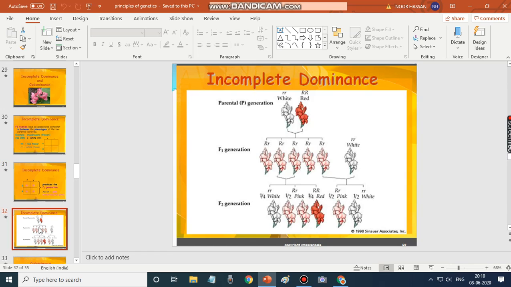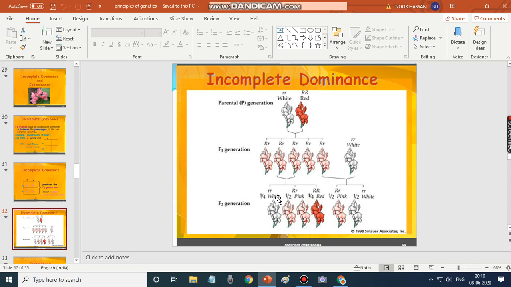Okay, the same thing is explained here. This is the parental generation, white and red. What is produced in the F1 generation is all capital R, small r.